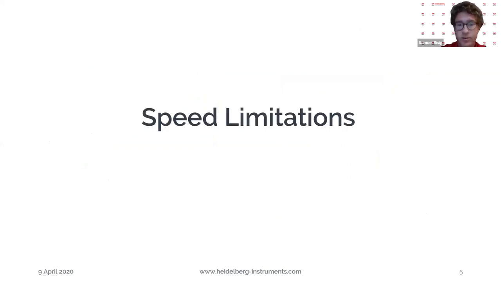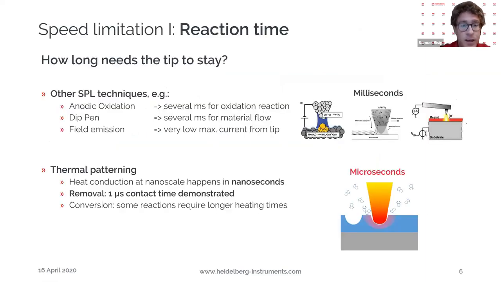Then we go into the speed limitations, which is the first part of the talk. The first limitation is the question of how long the tip needs to stay. What is the reaction time limiting? If you compare it to other SPL techniques, like anodic oxidation or field emission, just as examples, you can see the reaction always needs a certain time to get induced and triggered, in the range of milliseconds.